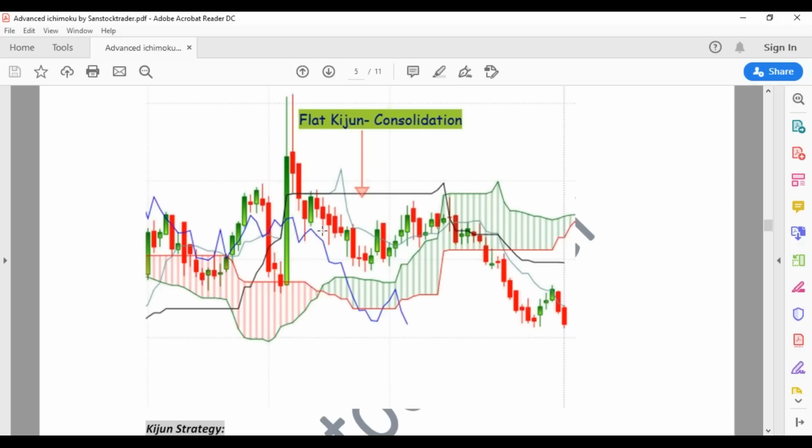But what when the market is in consolidation? That is why I like Ichimoku. Ichimoku gives you an indication: boss, it is a consolidation phase, so better not to take a trade in that particular instrument. So we can look for another instrument, or we can simply stay out of it.